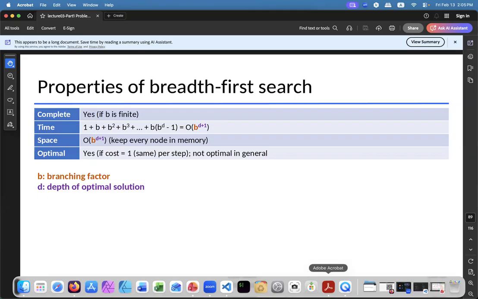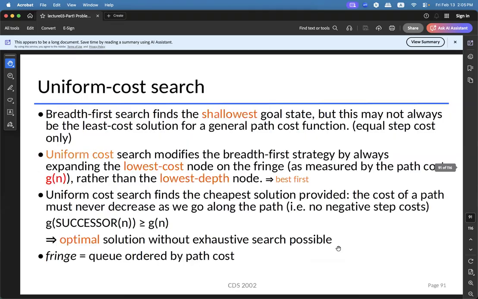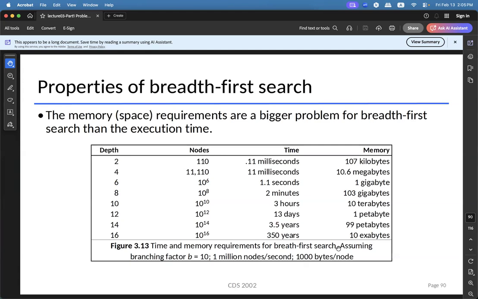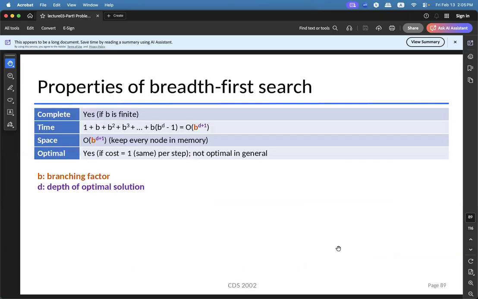And the next algorithm that we want to talk about, before we talk about another algorithm, we will also need to discuss one of the issues about breadth first search. We already talked about the time and the space complexity of the breadth first search.